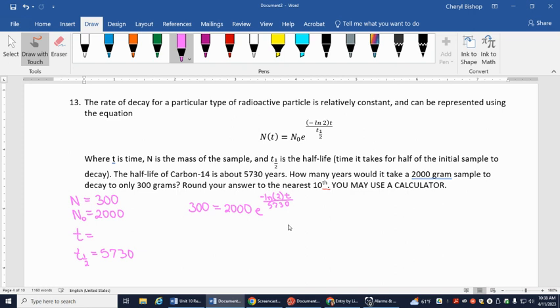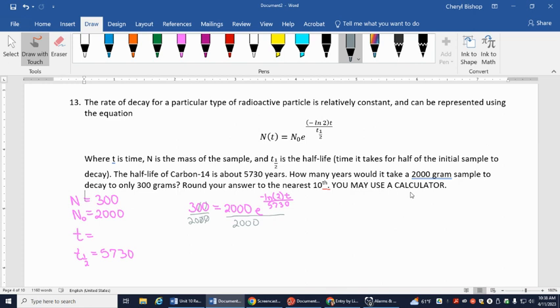Before I can do the base to the answer equals the x equals the log, I have to get rid of that 2,000 in front of the e first. How do I get rid of the 2,000 in front of the e? Divide. It's just being multiplied. So that's going to be 3 over 20. We can use a calculator on this.